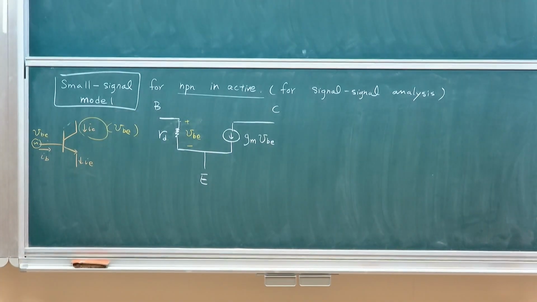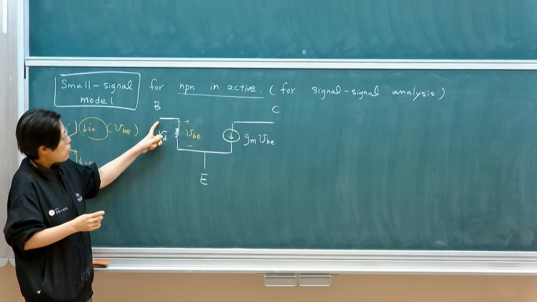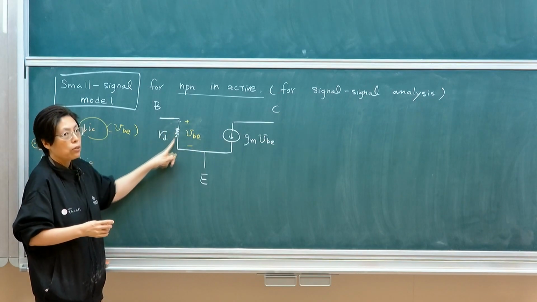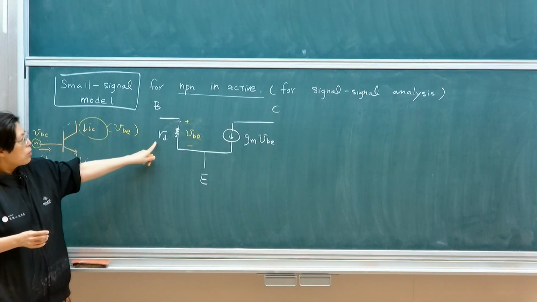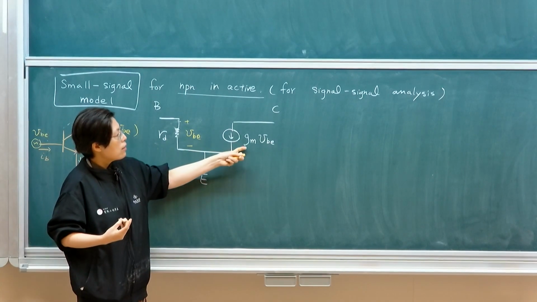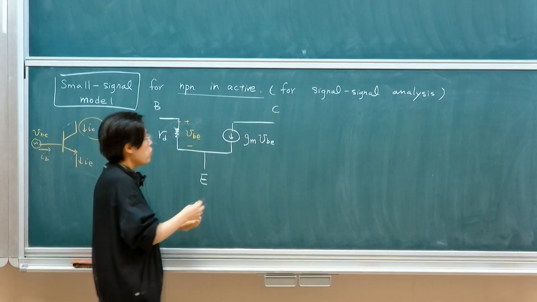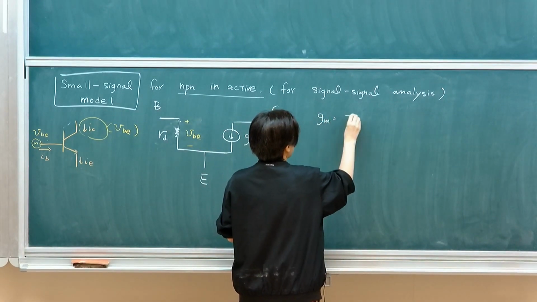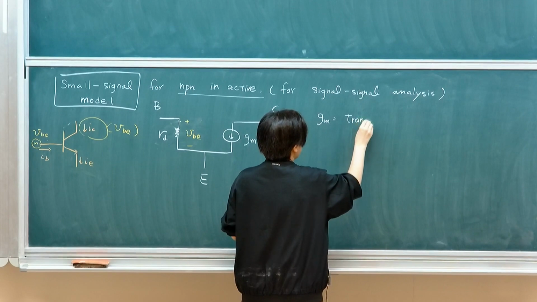So what I need to do now is describe the 3-terminal current. One is to describe the relationship between base current and collector current by having a diode transconductance. The transconductance refers to a scaled diode, and this is called the transconductance, gm. This is very, very important.